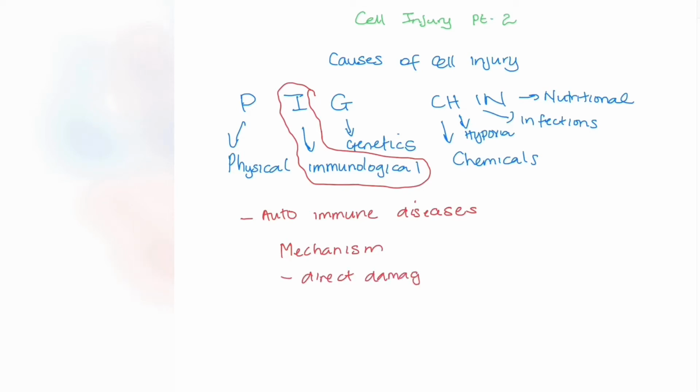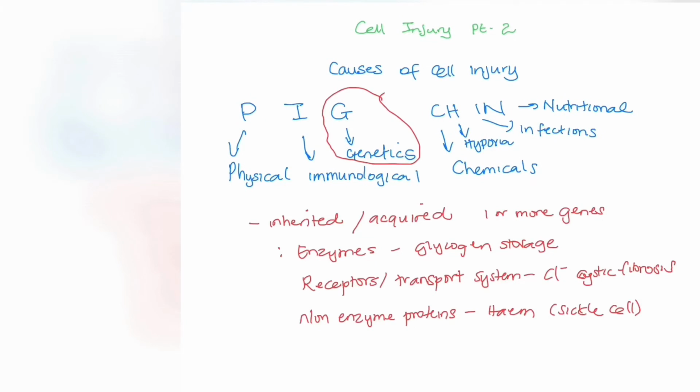The body's own response to its cells can cause damage via lymphocytes or by the products that it forms. The antibodies or the chemical mediators produced during these immunological responses can cause cell injury.